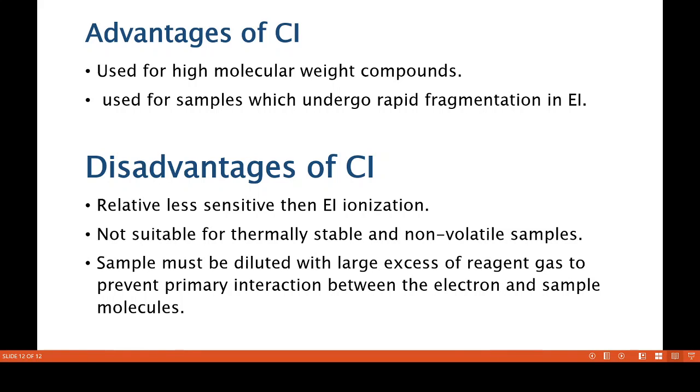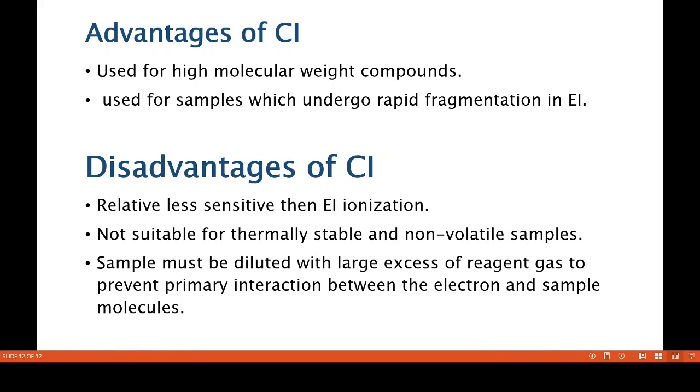The second advantage is that it is used for samples which undergo rapid fragmentation in EI. Alcohols, amines, and ethers are rapidly fragmented in electron ionization and we never get the molecular ion peak. To overcome this problem we use chemical ionization. This is another difference between electron ionization and chemical ionization.